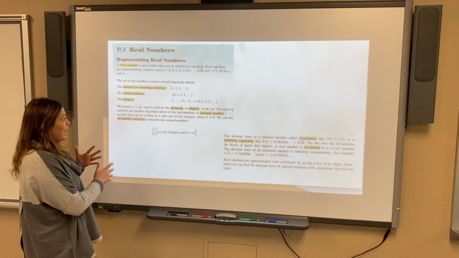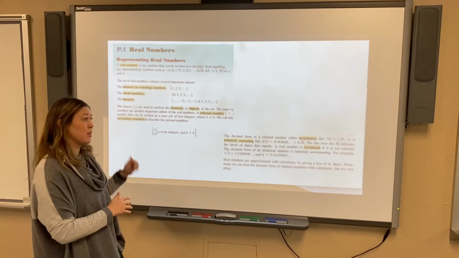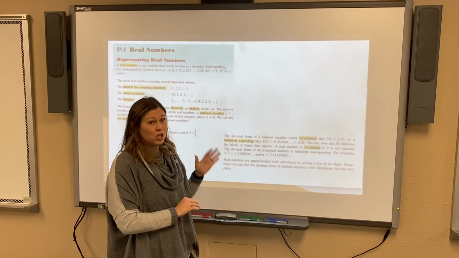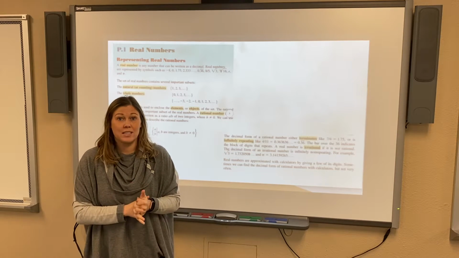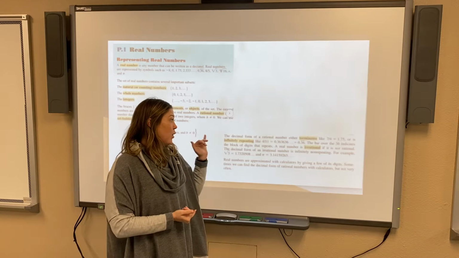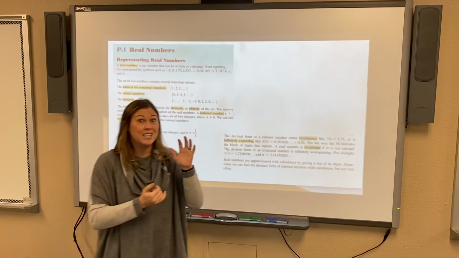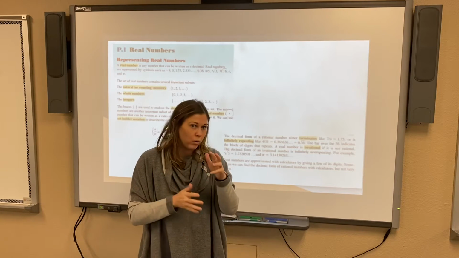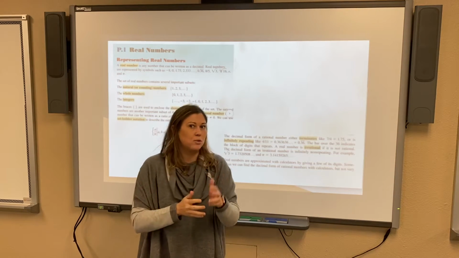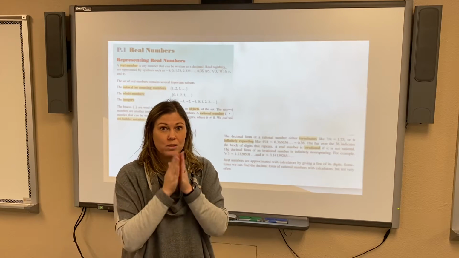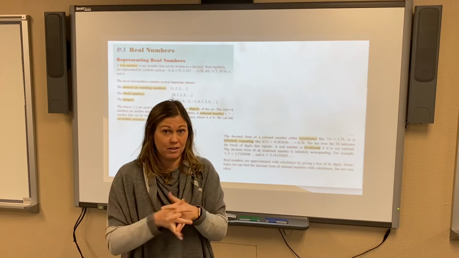You can write down a bunch of stuff here. We also need to talk about whether a decimal terminates. If a decimal terminates, that means it is rational. If it does not terminate, like pi, 3.1415926, that is an irrational number because there is no stopping point and it's not a repeating value.